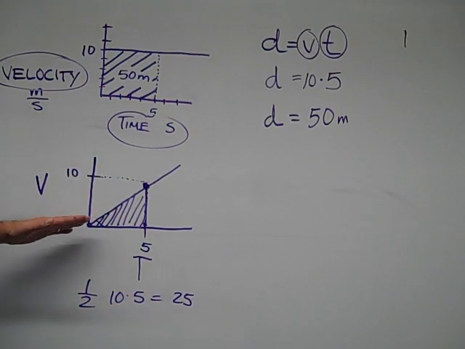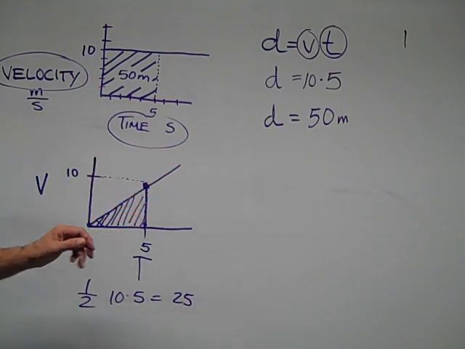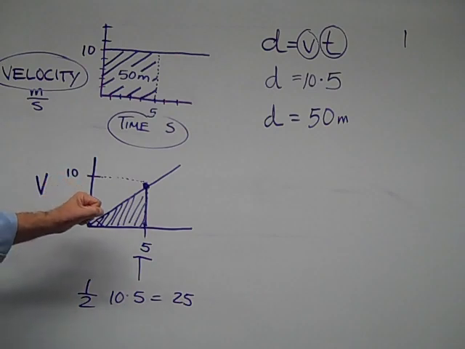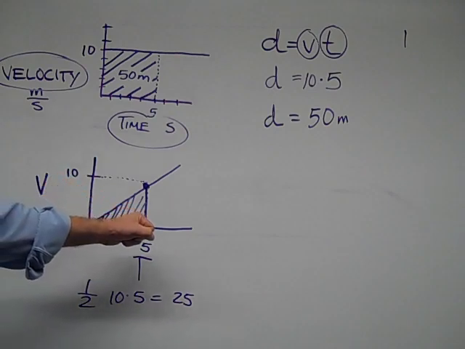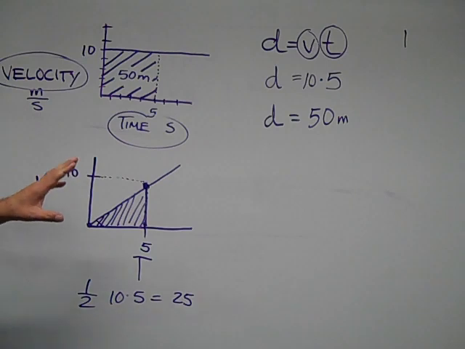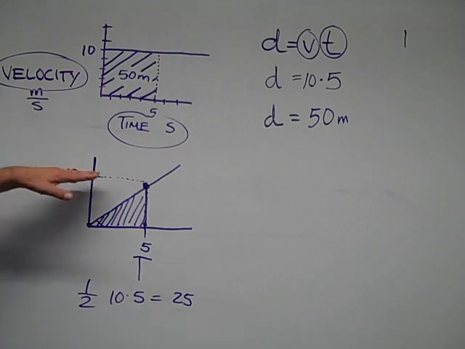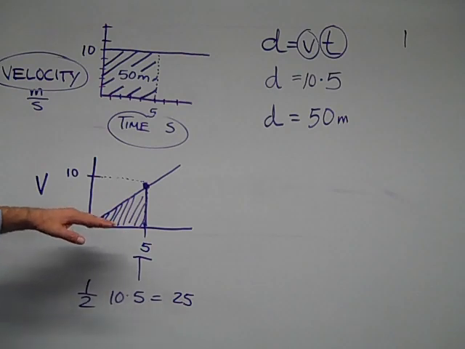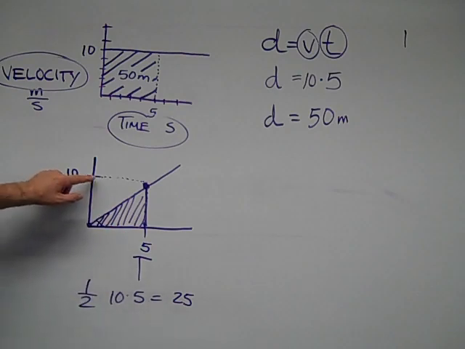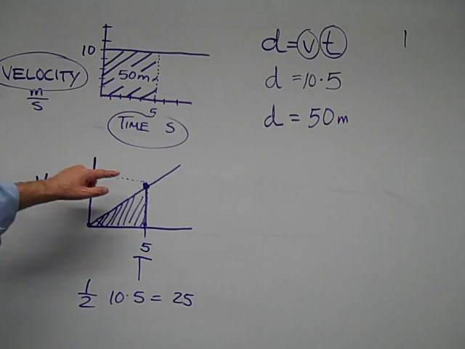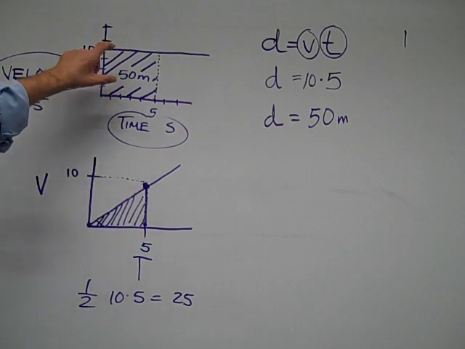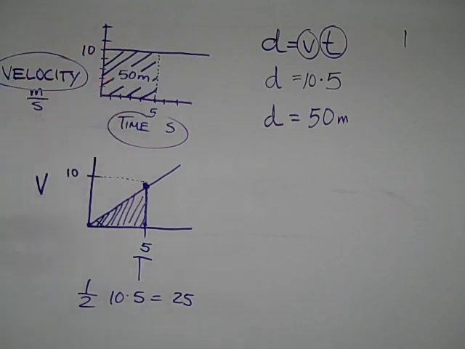So, in the case of accelerated motion, you're frequently dealing with a triangle, and you'll have to calculate the distance by taking 1/2 the area of the rectangle, which would have given you the distance had it been uniform motion.